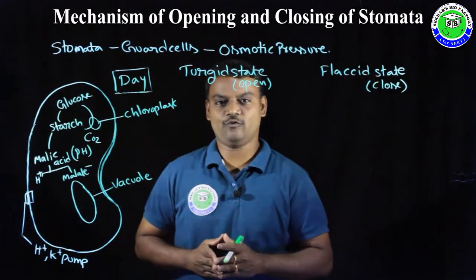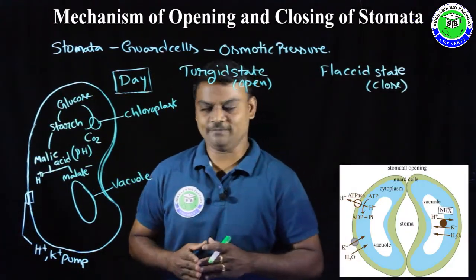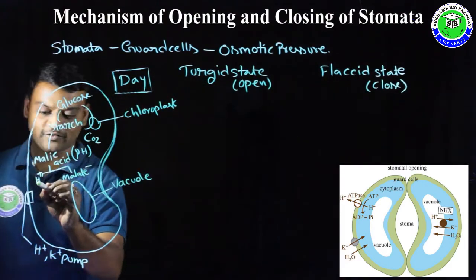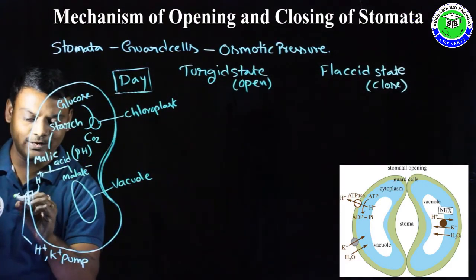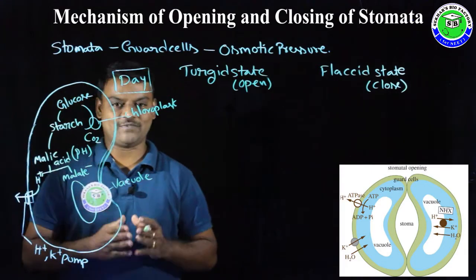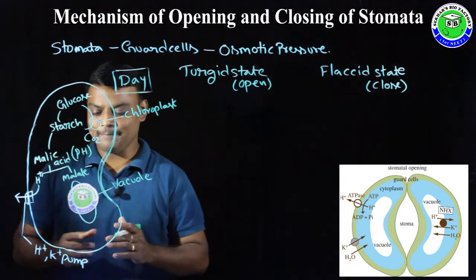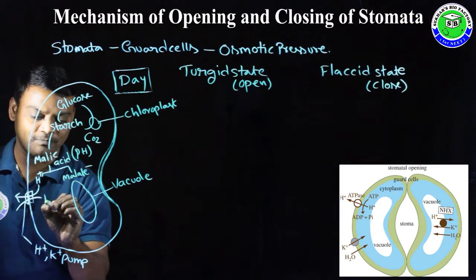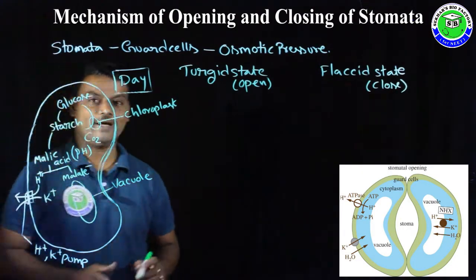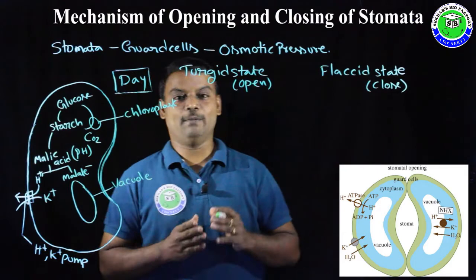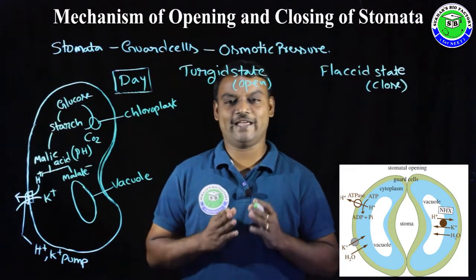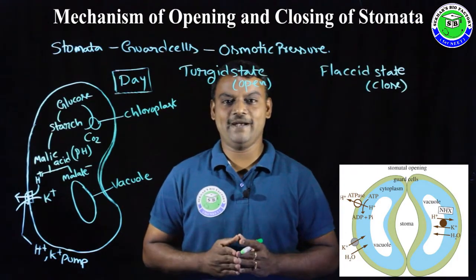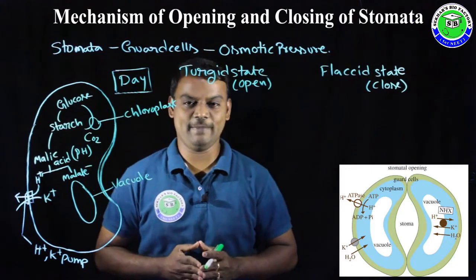The H plus ions released in the guard cell are transported to the outside of the guard cell into subsidiary cells. At this time, the H plus K plus pump transports K plus ions into the guard cells. The movement of these H plus ions and K plus ions is completely based on utilizing ATP energy.